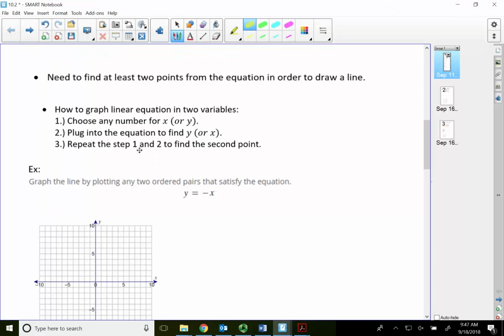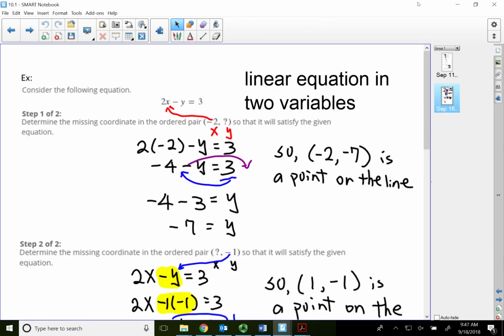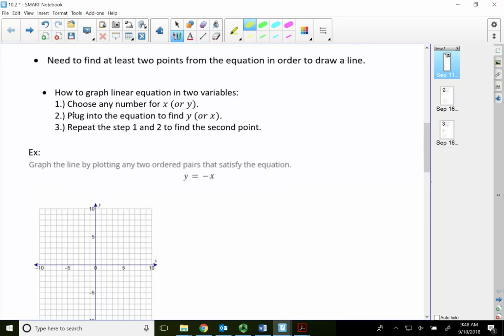Whatever we choose, we plug it into the equation to find the missing coordinate, exactly what we did with the 10.1 examples. Before, the homework already gave me a number to use. Now we're going to choose any number and plug it into the equation to find the missing coordinate. If I choose x, that means I need to find y. Then repeat steps 1 and 2 to find the second point.